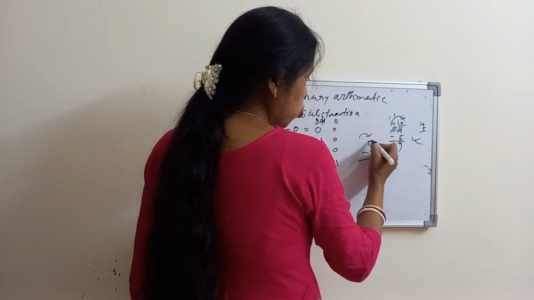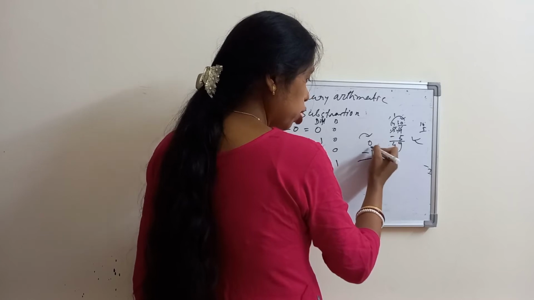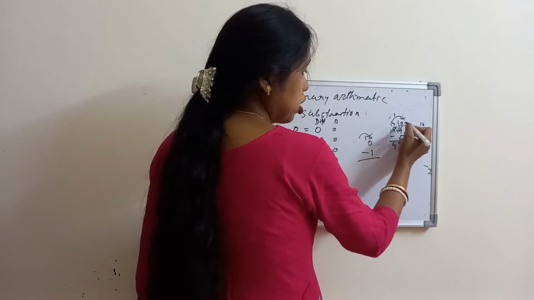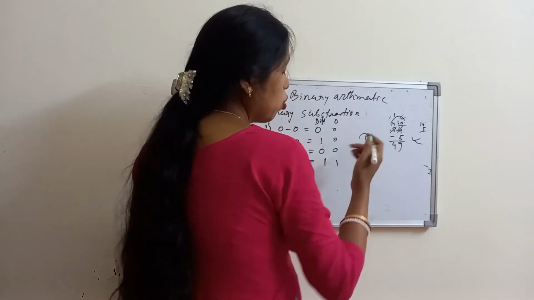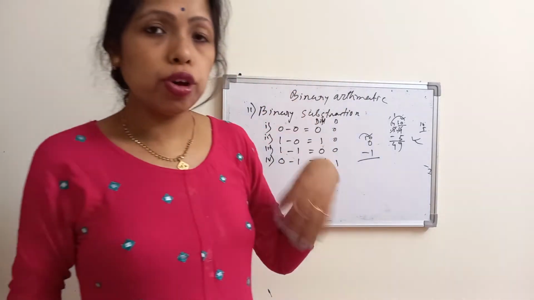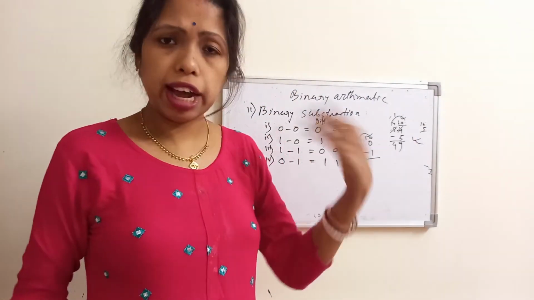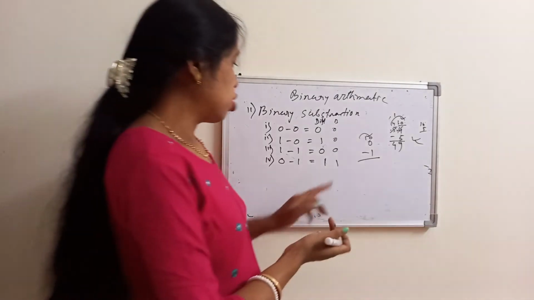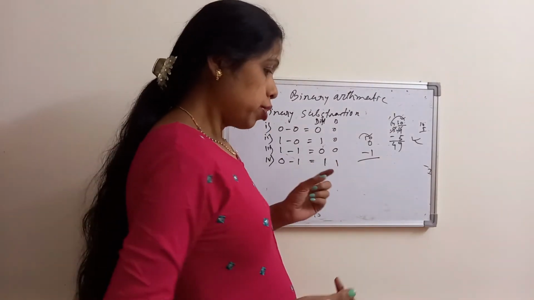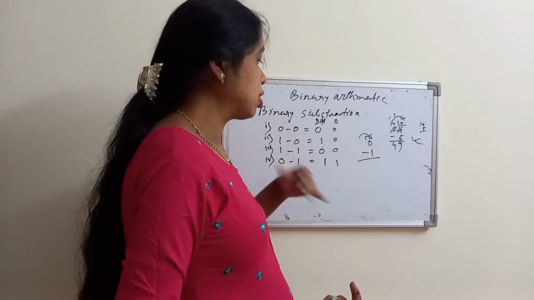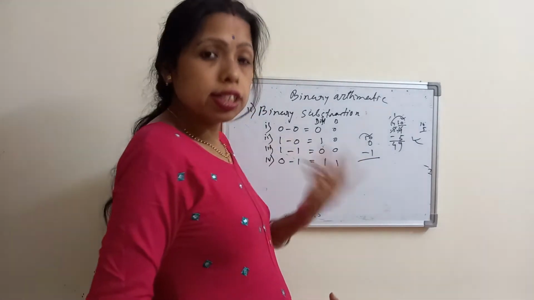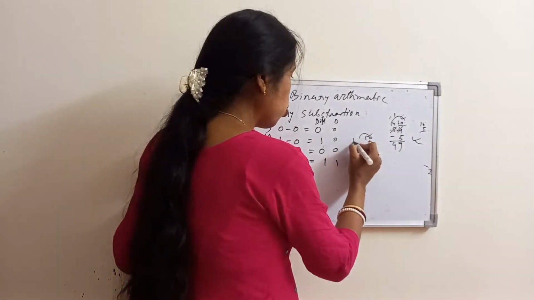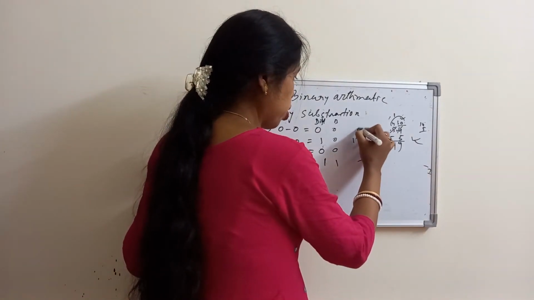Once you take 1, if you want to put that 1 in the unit place, you have to write it this way. Similarly, you are borrowing 1 from somewhere, the next decimal point. That's why you write borrow. If you have 1 borrow, you can subtract 1 from 0. So you are taking 1 borrow from somewhere.